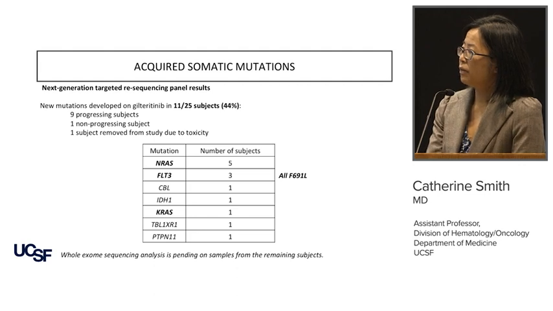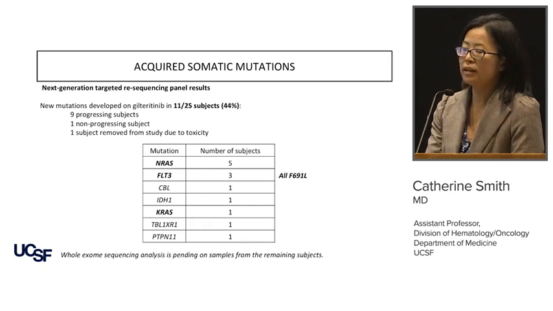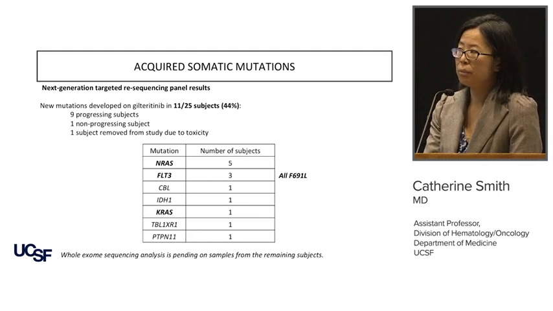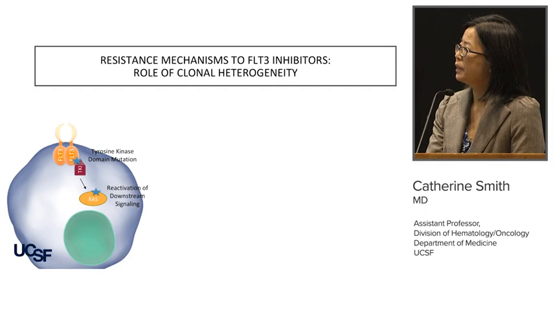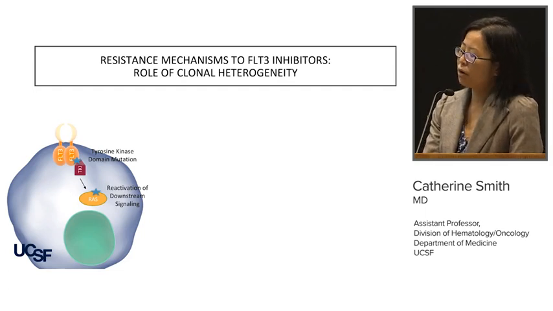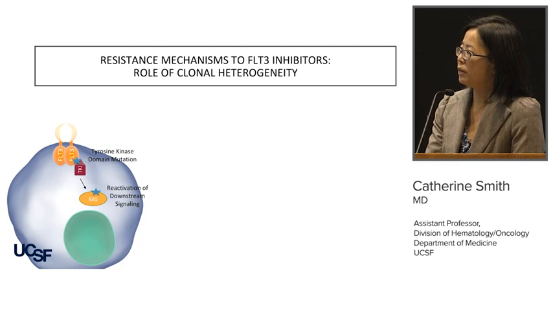And then most impressively, half of the mutations that were identified were activating oncogenic RAS mutations, either in NRAS or KRAS, suggesting that oncogenic RAS was going to be a major mechanism of resistance to this particular drug. And when we looked closer, we noted 2 patterns of occurrence of these RAS mutations.